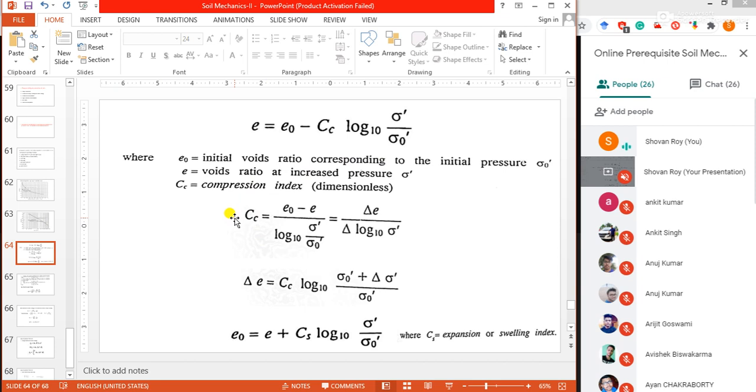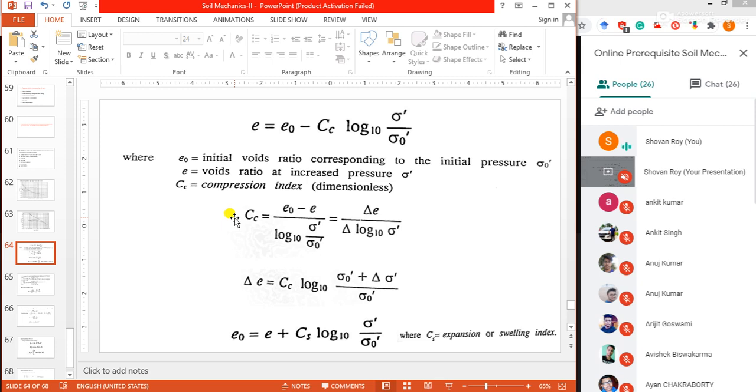The compression index Cc represents the slope of the linear portion of the pressure void ratio curve and remains constant within a fairly large range of pressure. Again I am repeating, the compression index represents the slope of the linear portion of the pressure void ratio curve and remains constant within a fairly large range of pressure.